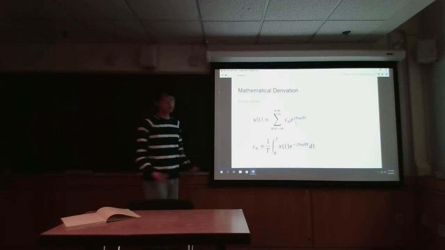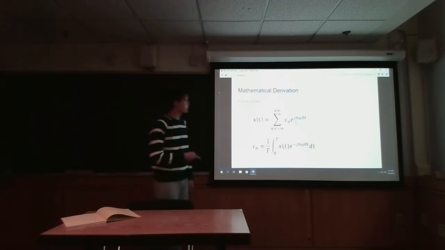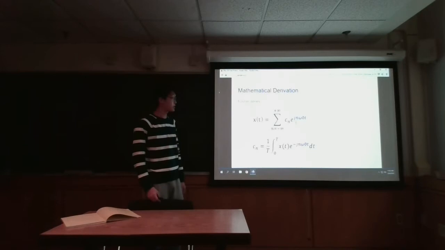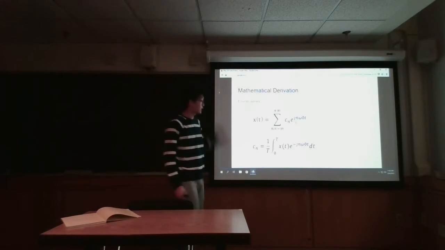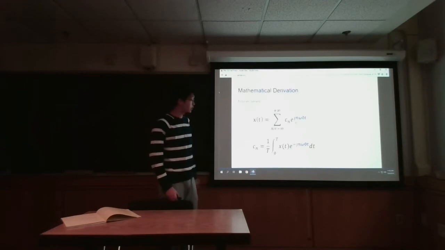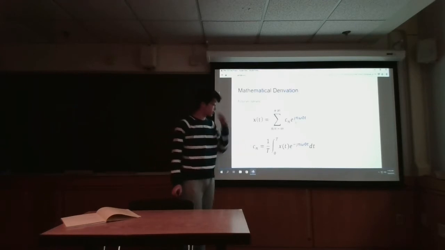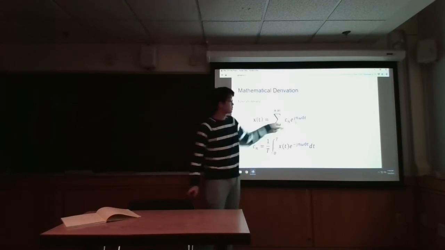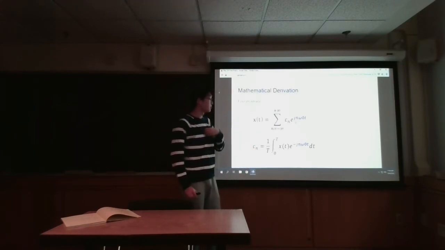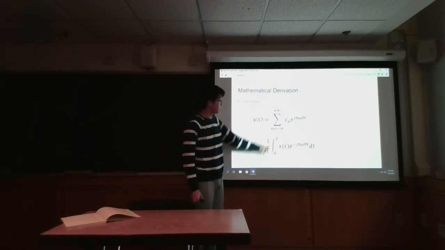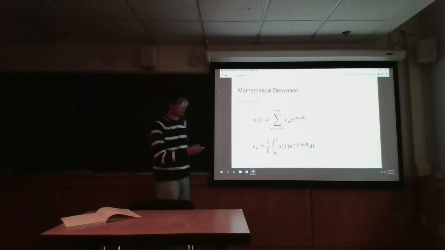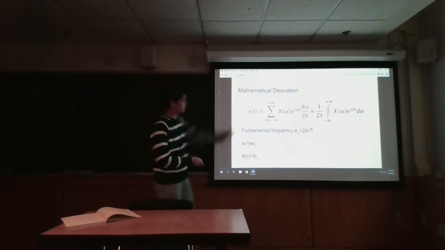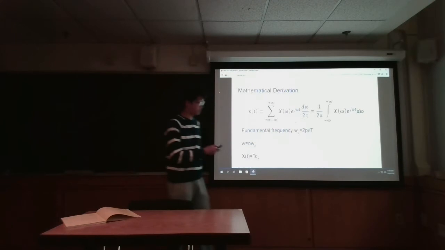It was derived from the Fourier series, which is a math technique. And if you have learned quantum mechanics, this is the eigenfunction which can be incorporated into the whole sum. When you combine these two functions together, you can derive the following function for the Fourier transform.